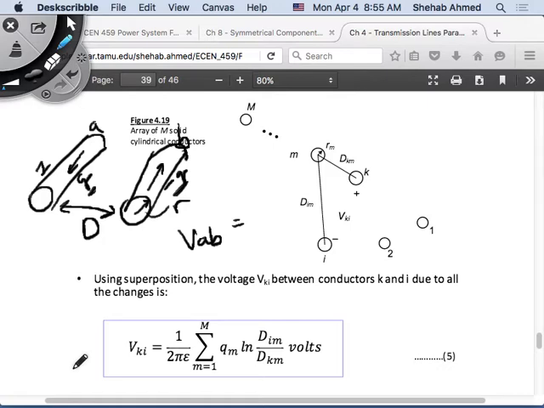Simplify. I gave you the radius of the conductors. The radius is R. They both have the same radius, and the charges are plus minus Q. Now write it down before you do the math. What happened to Q? You took Q out, right?